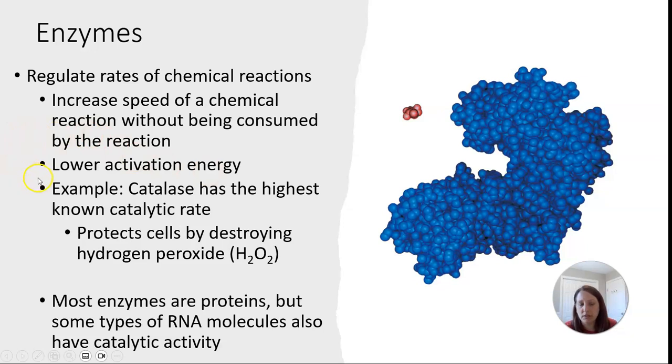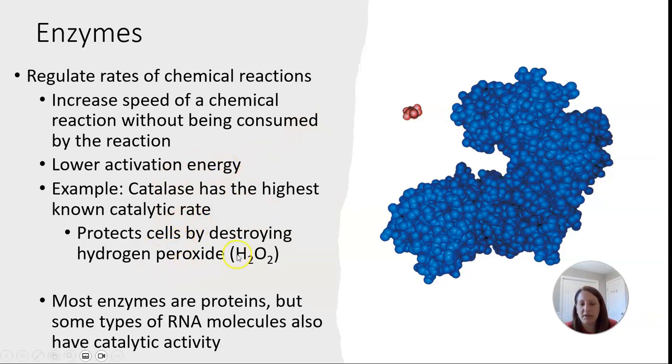An example of an enzyme, and this is one that we'll be using in the lab or have used in the lab, is catalase. Catalase is an enzyme found in the peroxisomes of our cells. It has the highest known catalytic rate of any enzyme on the planet. Its job is to facilitate the breakdown of hydrogen peroxide.